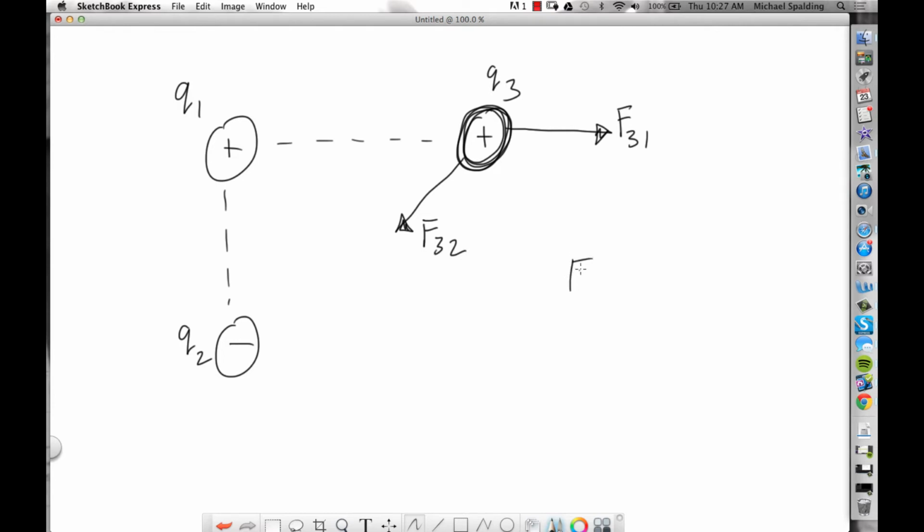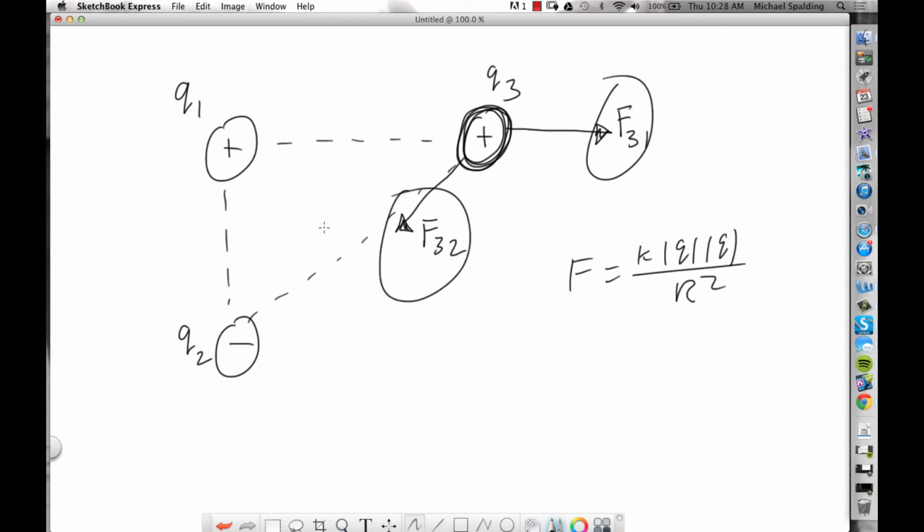You got to use Coulomb's law. k Q Q over r squared. Look, you'd have to find this distance there. That's the distance between charge 2 and charge 3. But once you know what these forces are, once you've solved for them, the rest of the problem is vector.